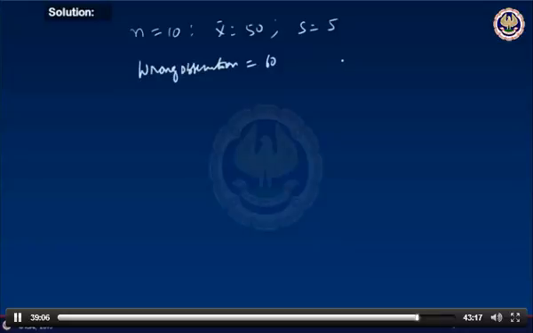As per the data given here, n equals 100, x bar is 50, and standard deviation is 5. The wrong observation is 60 and the correct observation is 50. Now, x bar equals summation of xi by n.